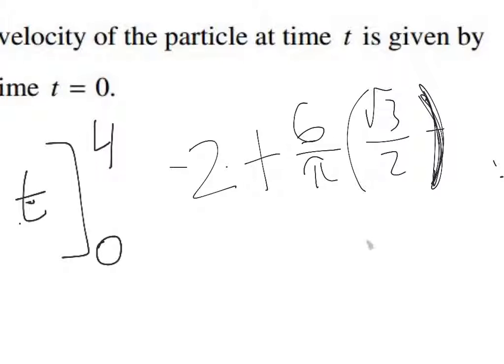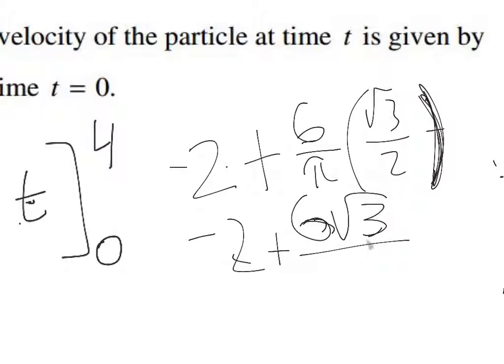And then you multiply that out, you get negative 2 plus 6 root 3 over 2 pi.